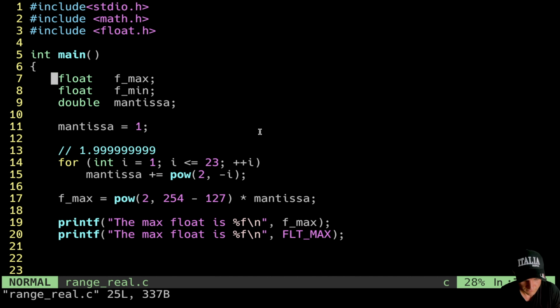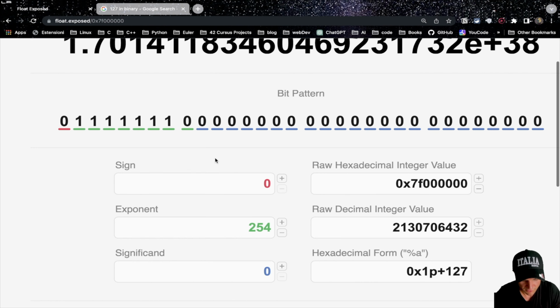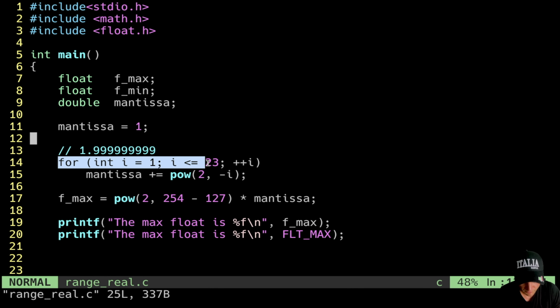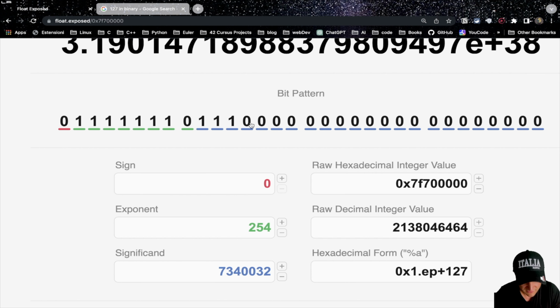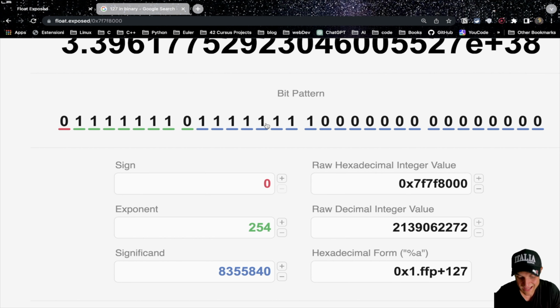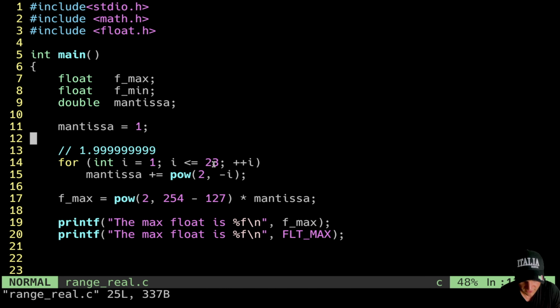I'm basically recreating with operations what is going on here, right? This for loop is like I'm basically turning on all these bits one by one, okay? And adding to 1, which is the implicit value of the mantissa, 1/2, 1/4, 1/8, and so forth, 23 times. So i goes down to 23. Every time mantissa plus power of 2 elevated to minus i.